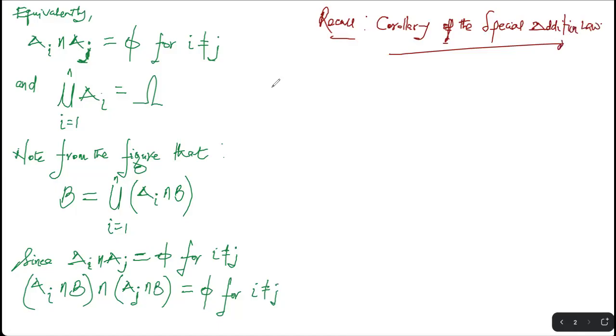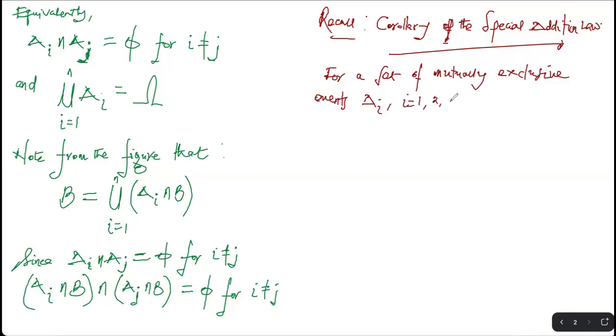Right? So it says that for a set of mutually exclusive events, AIs, with I being 1, 2, all the way to N, right?